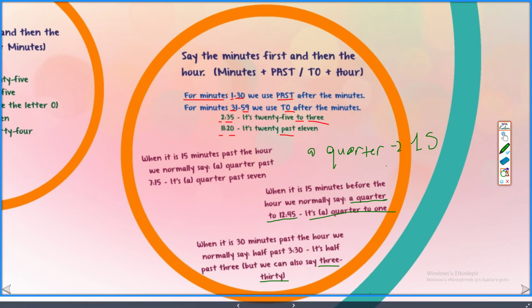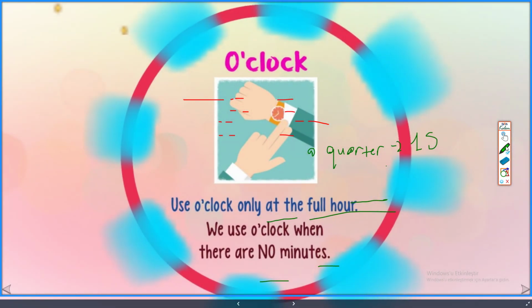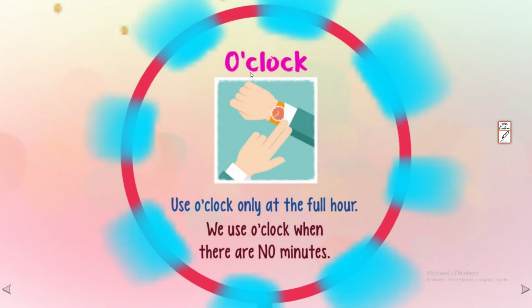And guys, we are going on with o'clock. Use o'clock only at the full hour. When we have no minutes, I mean 5 o'clock, 6 o'clock, we use o'clock when there are no minutes.